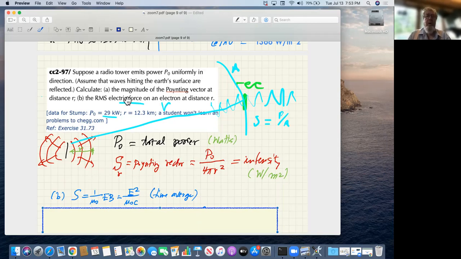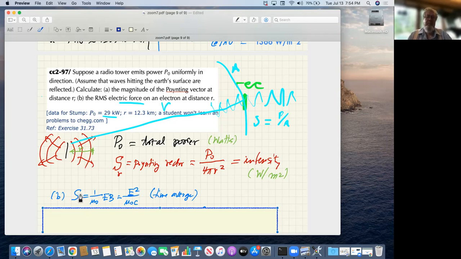And now you want to know what's the electric field, because it's the electric field which is stimulating the receiving antenna. Well, remember, the pointing vector is 1 over mu 0 E times B, and B is E divided by c. So here are a couple of the equations that we had on the equation sheet.